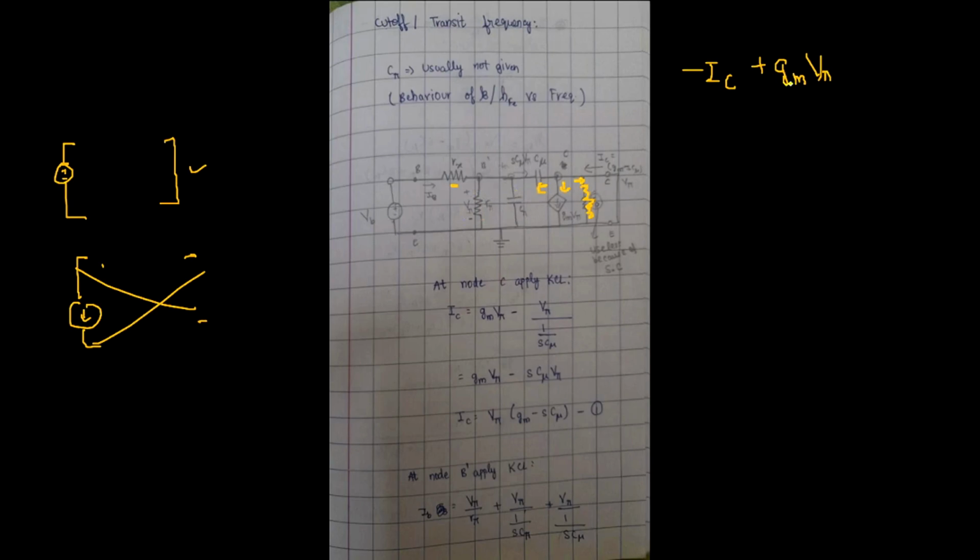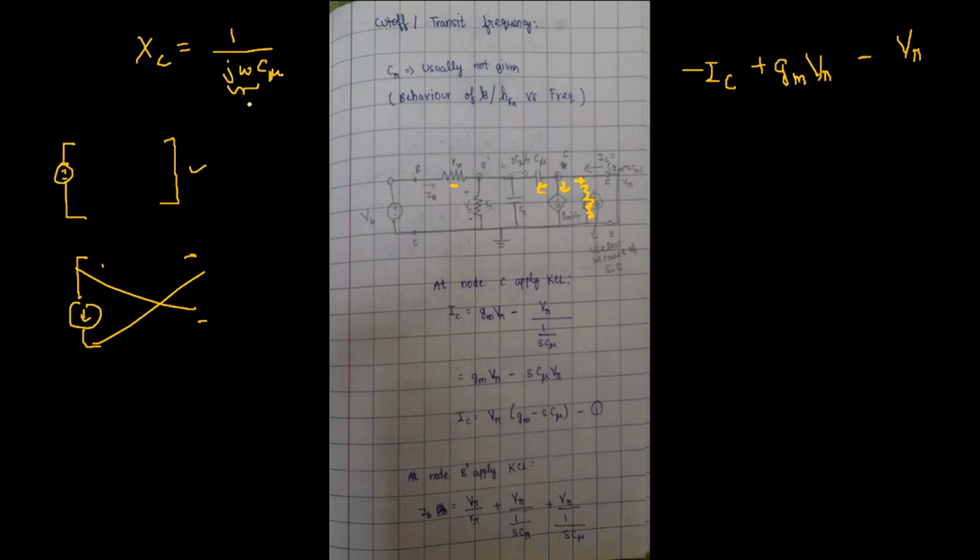So we have minus g pi plus gm into V pi, and here the potential difference across this is actually minus V pi, and the impedance in this particular case is 1 divided by j omega into C mu.